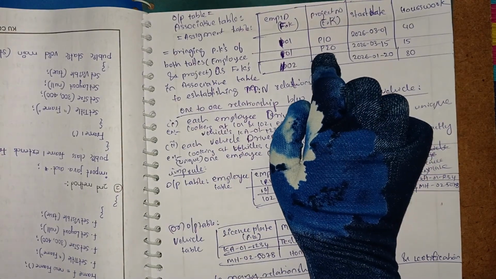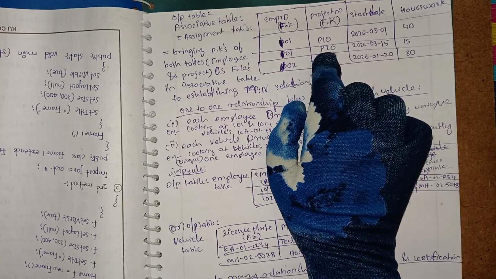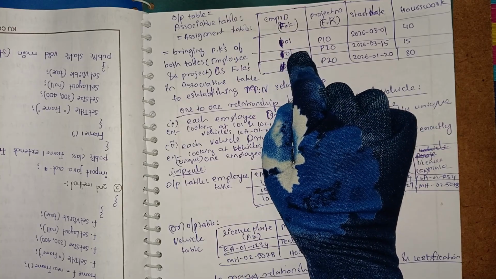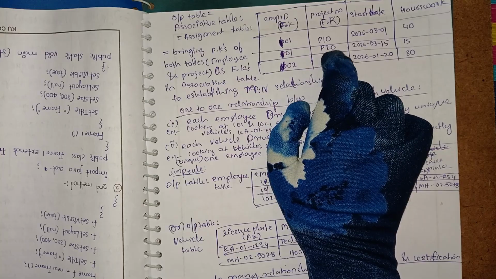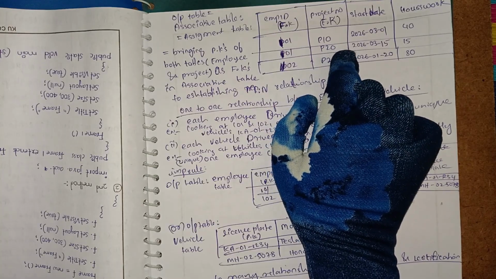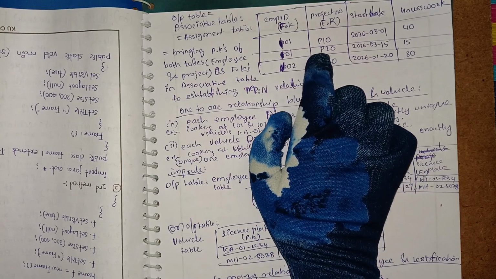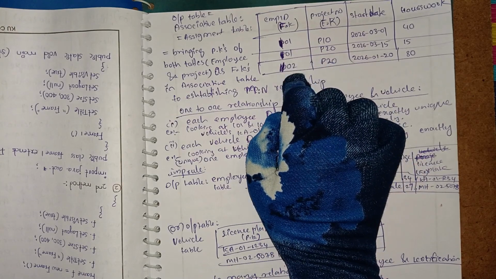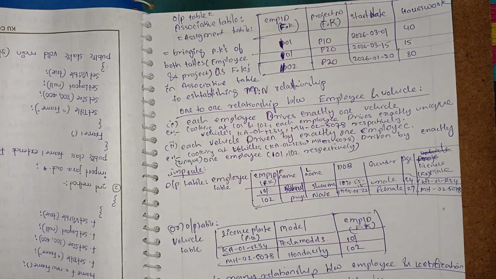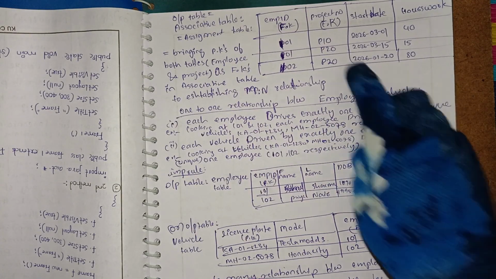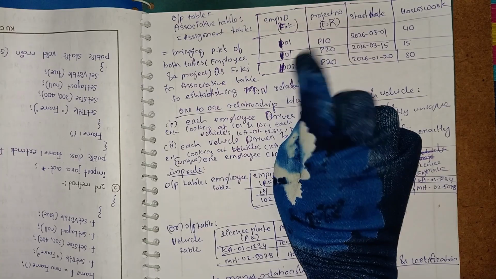Here one employee is assigned to multiple projects, which means each row in the first table is assigned to multiple rows in the second table, and P20 project is assigned to multiple employees, that is 101 and 102, means each row in the second table is assigned to multiple rows in the first table.